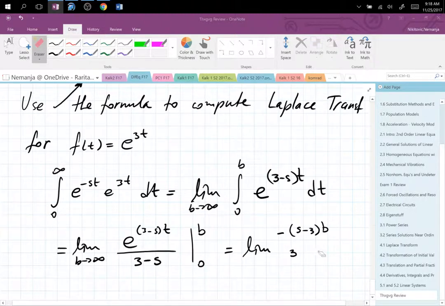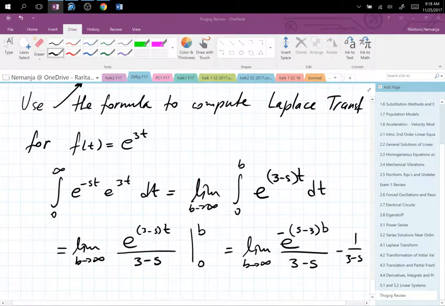E to that divided by 3 minus s, and then b goes to infinity, and then when this is equal to 0, I just have minus 1 over 3 minus s.